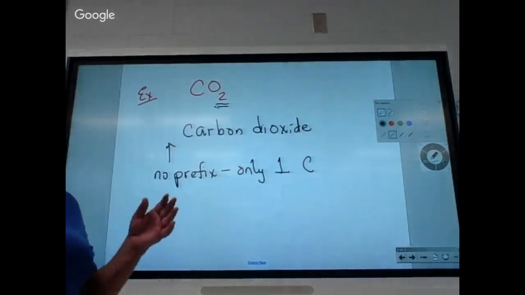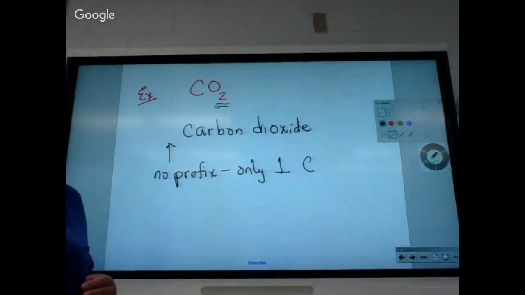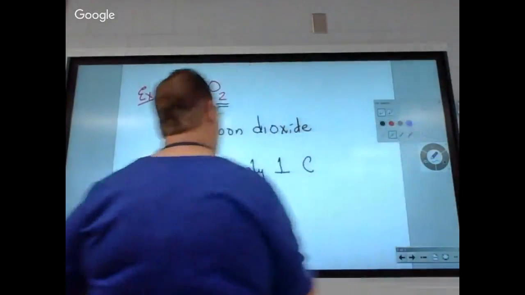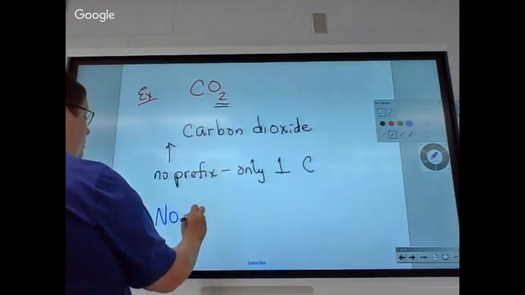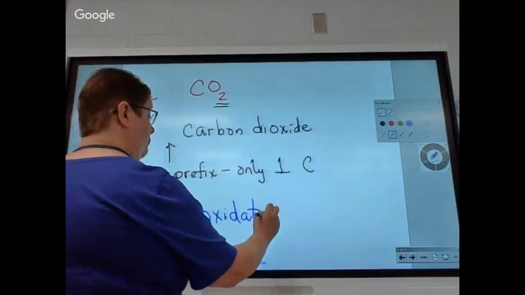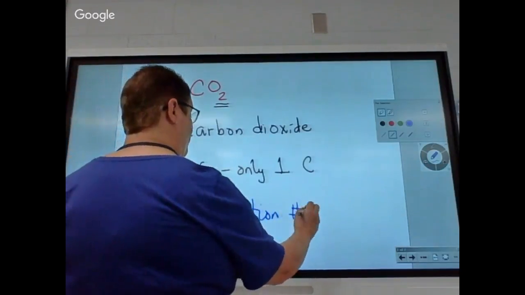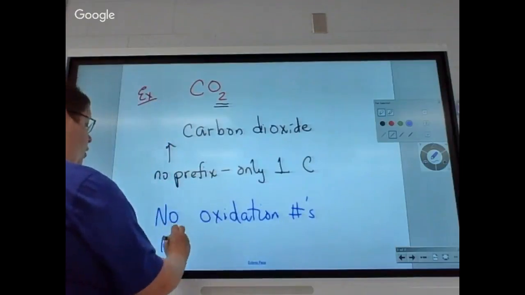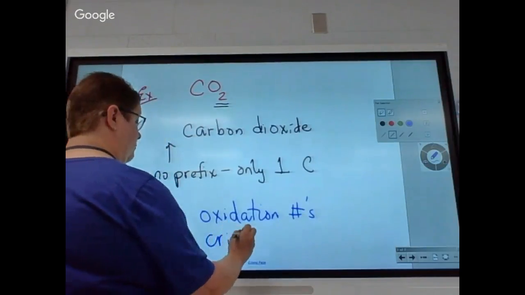Now, the thing that makes this system different, like I said yesterday, is there are no oxidation numbers. There is no crisscrossing.